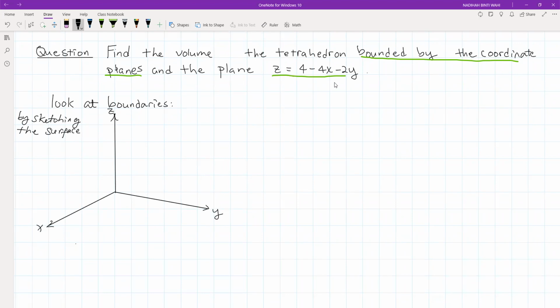If we look at when x and y equal 0, the z intercept is 4. Okay, so the z intercept is 4 when x, y equal 0. And then if we look at when x and z equal 0, y will be 2.